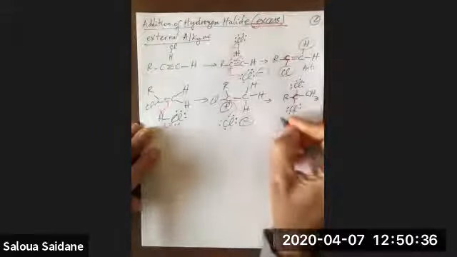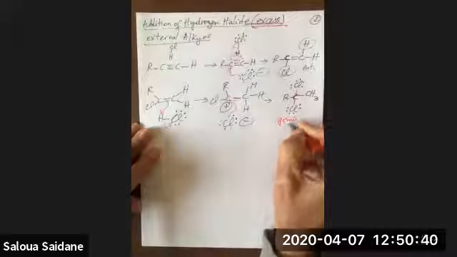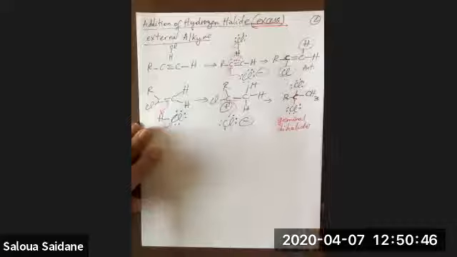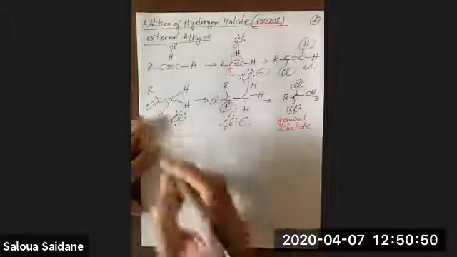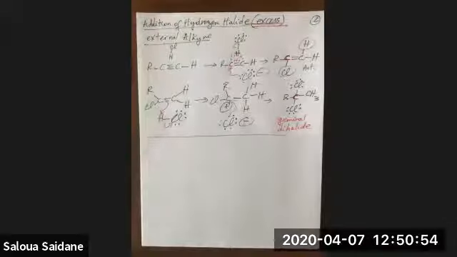So this is called a geminal dihalide. Geminal means on the same carbon, you have the two halogens, okay? So if you have an excess of HCl or HX, you're going to end up with this.